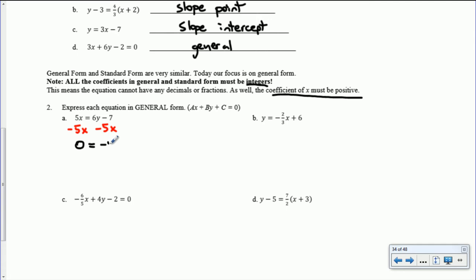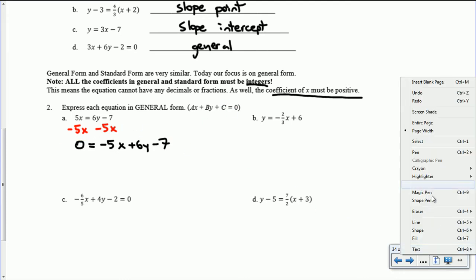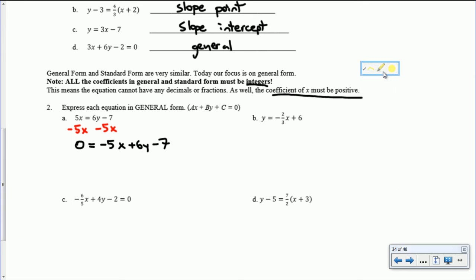So hopefully you didn't write that yet. Are there any issues with this? Does that look to be general form? So we've got something x plus something y plus some number, it's equal to 0, so that's great. But I have one thing that's wrong here. The coefficient of x must be positive. So this here is an issue, and that needs to be fixed.